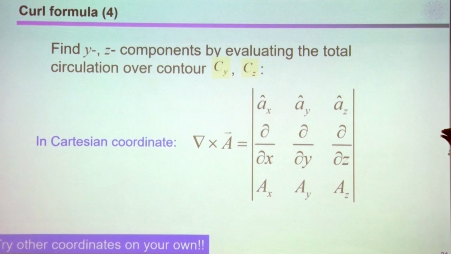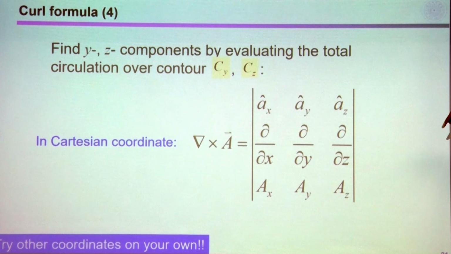That's easy and straightforward, but the reason is, as I showed you, we can calculate the net circulation by the definition, and eventually it ends up in this very elegant form. But this is only in Cartesian coordinate. You can try to work on the other two coordinate systems on your own.